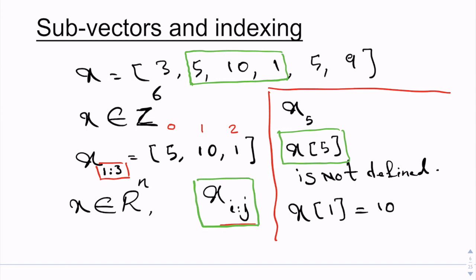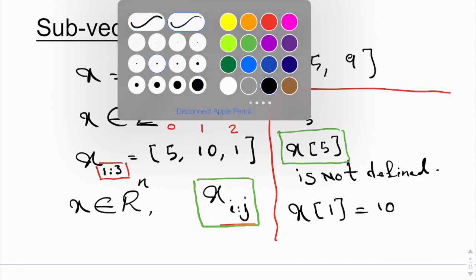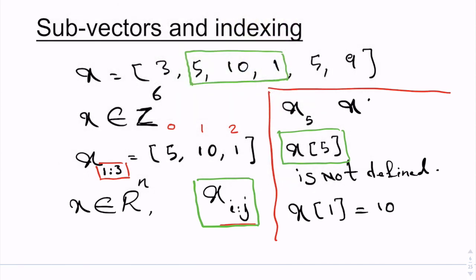So therefore xi denotes the ith element of the vector, right? The ith element of the vector. So subvectors and indexing.